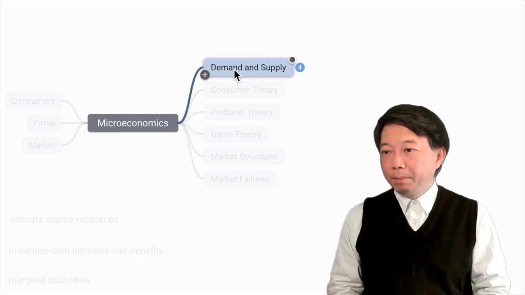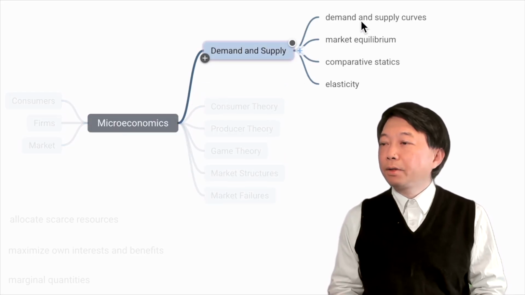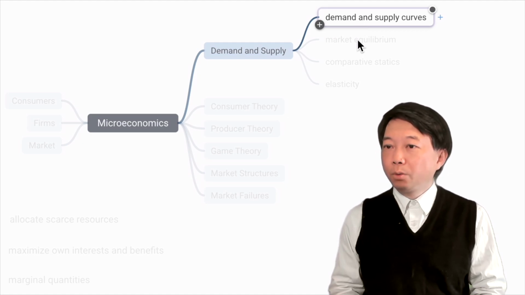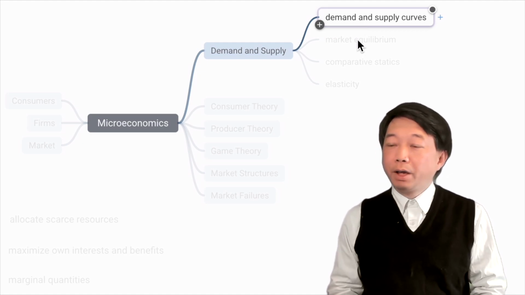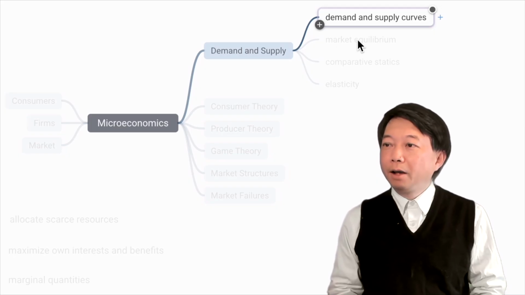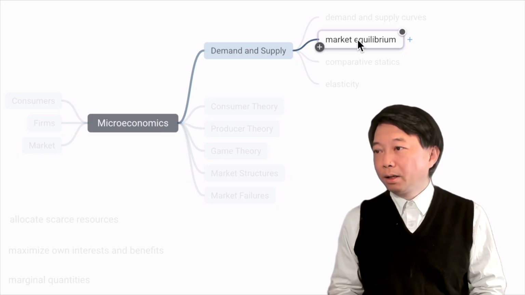We first examine the market demand and supply curves, understanding their shapes and the relationship between price and quantity. We explore the factors that shift these curves and distinguish between movement along the curve and the shift of the entire curve. We find market equilibrium and the forces that drive the market towards equilibrium.